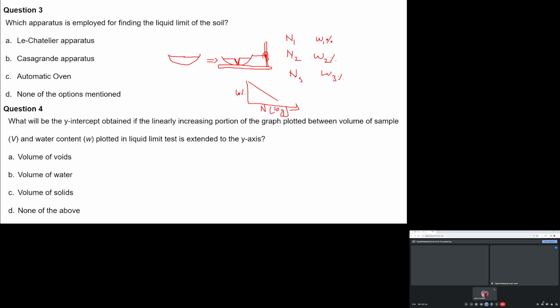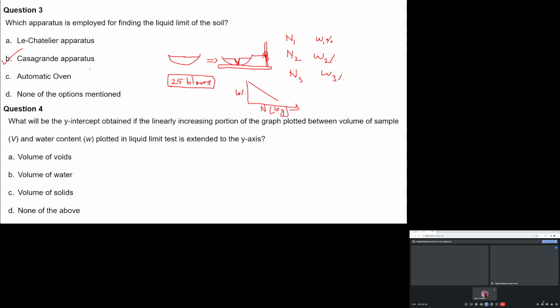The liquid limit is defined as the water content at 25 blows. So this is how liquid limit is calculated. I hope it is clear now. Right? Are you able to hear now? Yes, sir. So obviously the option is Casagrande apparatus.